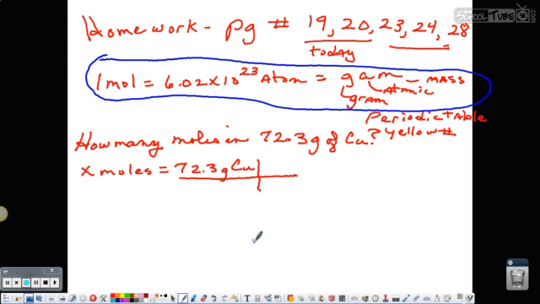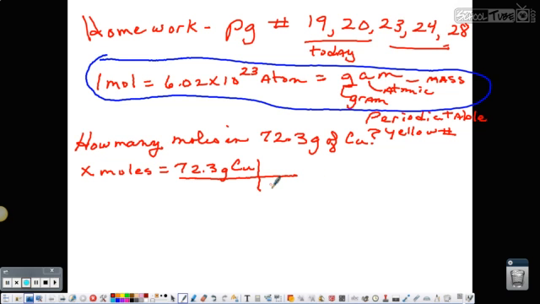What do I need to get rid of? I need to get rid of grams. Which one of these three equalities has a G in it? Well, there it is, right there. Gram atomic mass. Where do I find the gram atomic mass? On the periodic table.